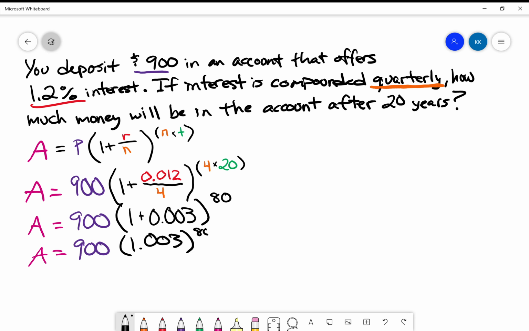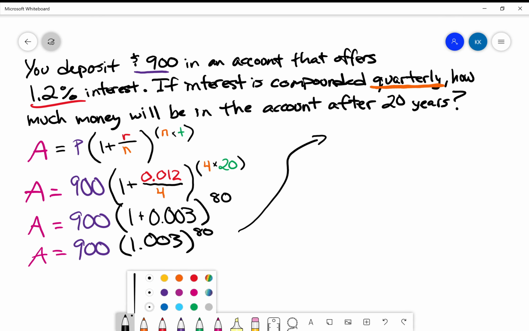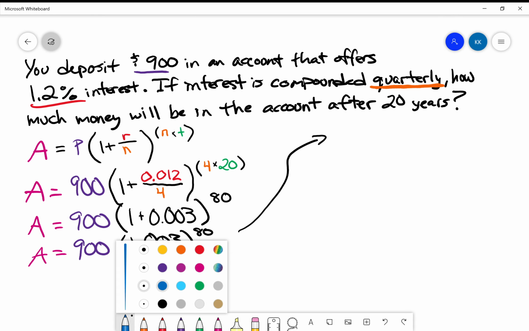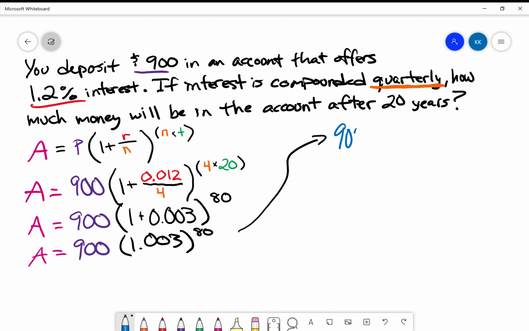And at this point, I'm actually pretty comfortable putting that in the calculator. The way I would type this in would be 900 times 1.003 to the power of 80. That is exactly how I would type it into the calculator.